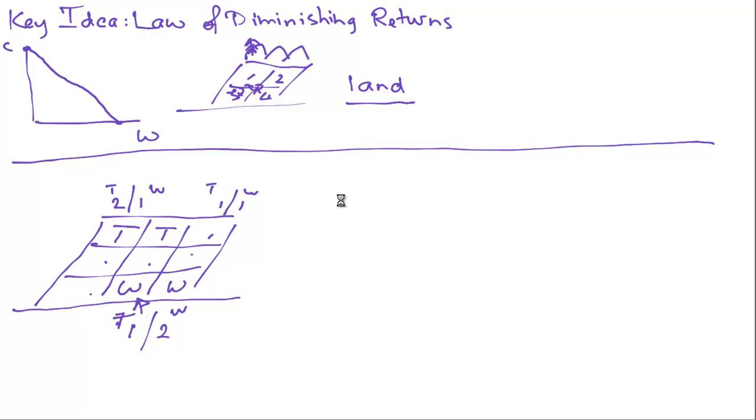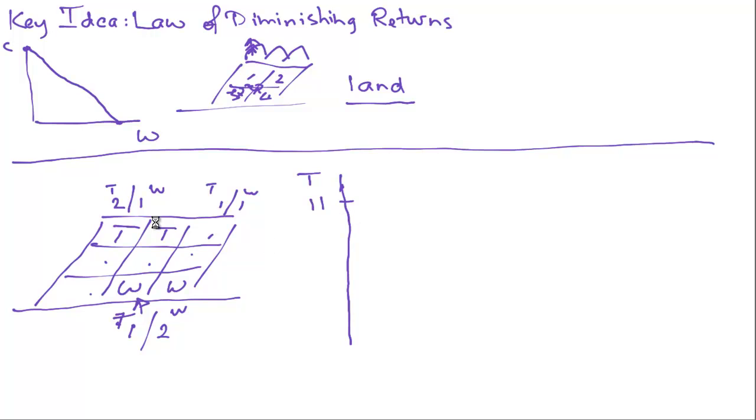Now if we try and draw this, I'll start with the vertical axis, which isn't terribly well done. We've got 9 fields, so we can use that to produce 1, 2, 3, 4, 5, 6, 7, 8, 9, 10, 11 lots of timber, if we put it all into timber.